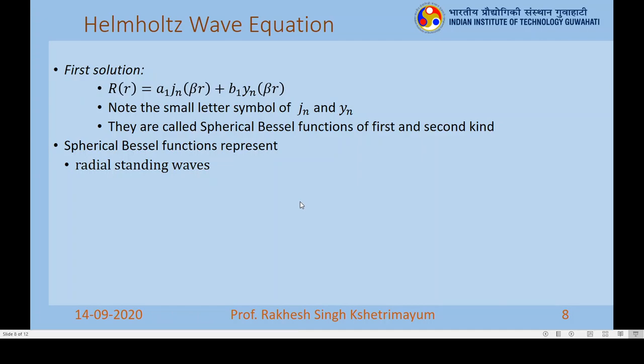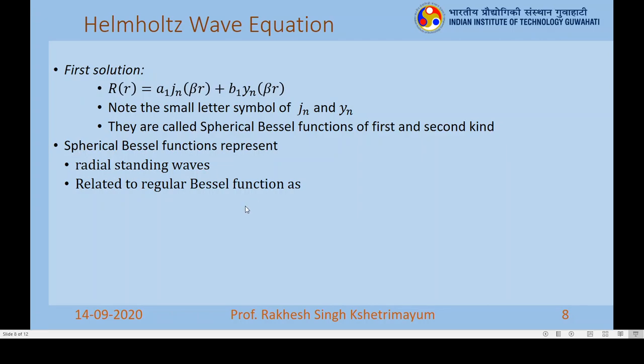We'll consider another solution which will give me propagating waves, but here jn and yn are radial standing waves, and they are also related to the regular Bessel's function. We have discussed that regular Bessel's functions were the solution for cylindrical waves. Now for the spherical wave equation, the solutions are spherical Bessel's functions.